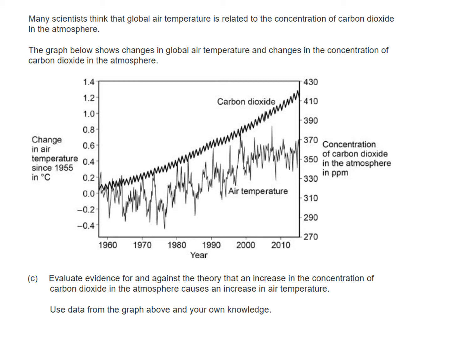Air temperature is the bottom line that's really spiky, and carbon dioxide's the up and down spiky one above in the darker line. So the trend for both is that they are going up. 1955 was generally lower, and 2015 is generally higher. The carbon dioxide concentration is very clear that it's definitely gone up, and the air temperature has gone up a bit, if you look at the general trend.